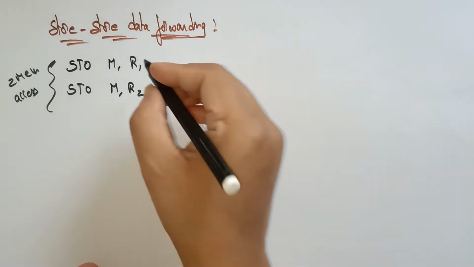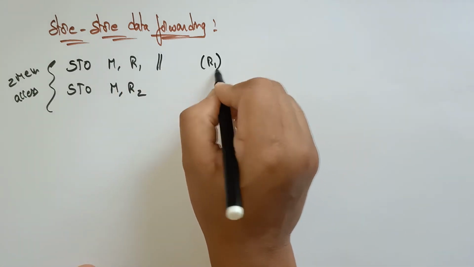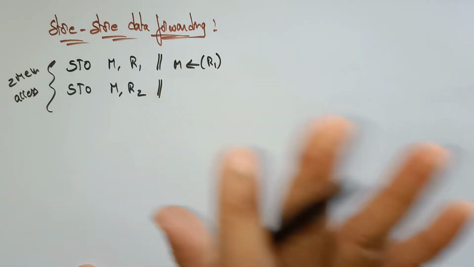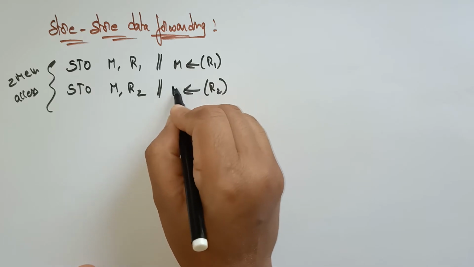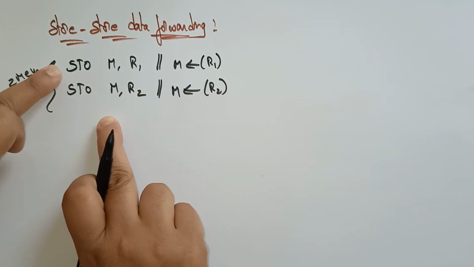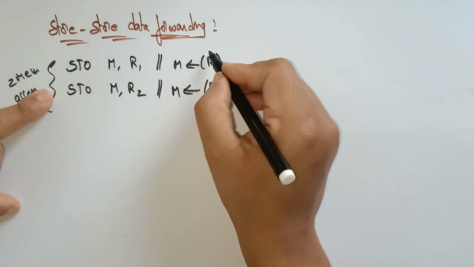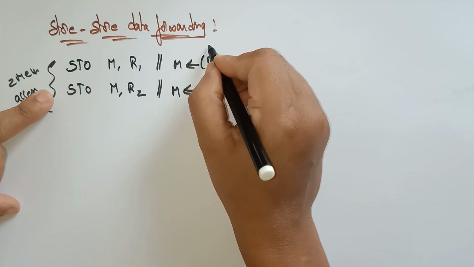So what does it mean? The content of R1 is stored in the memory. Suppose some 5 is there, that is stored in the memory. At the same time, the content of R2 is stored in the memory. First it performs this operation and next it performs this operation. Suppose R1 contains some 6 data.